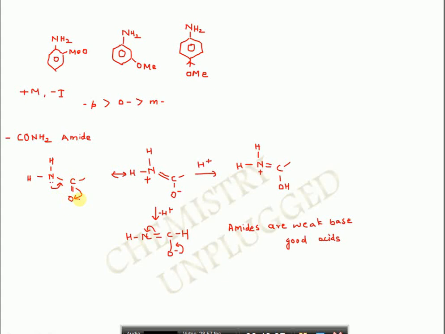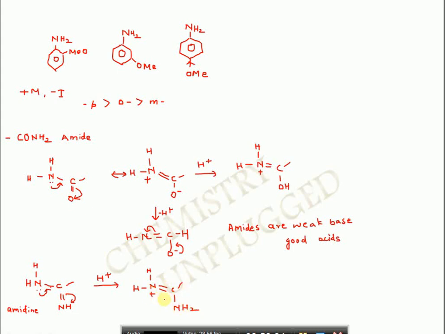Next, if I remove this CO group from the amide and place a CNH group, then the structure formed is known as amidine. If I provide a proton to the system, means when it is acting as a base, then this proton can attach on this NH group, and the structure formed is further stabilized by delocalization.